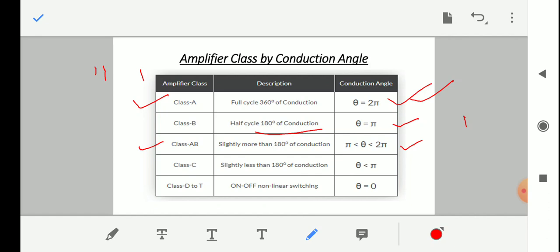Next in this category is class C amplifier, that provides the output for slightly less than half cycle of the conduction angle. More specifically, the conduction angle for the class C amplifier is about 90 degree. These four class amplifiers are in our syllabus, so we will discuss them in detail in the next few slides.